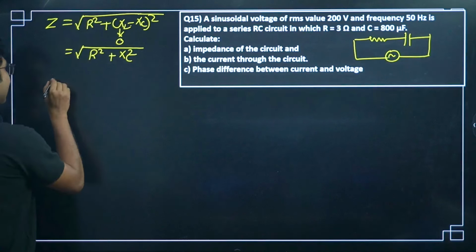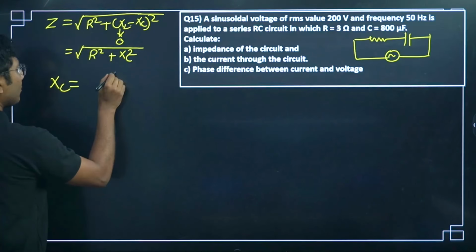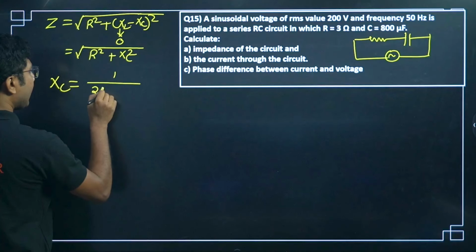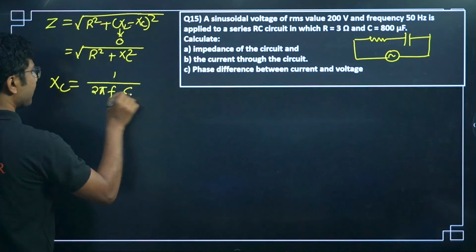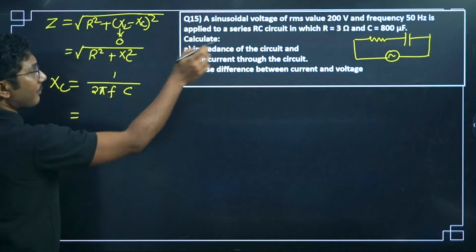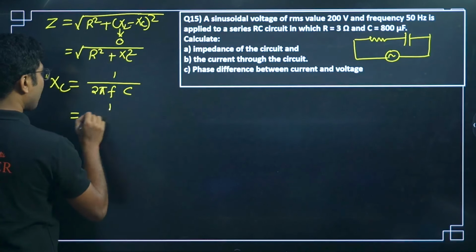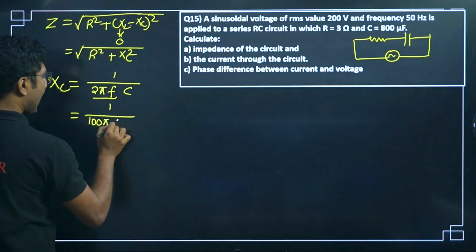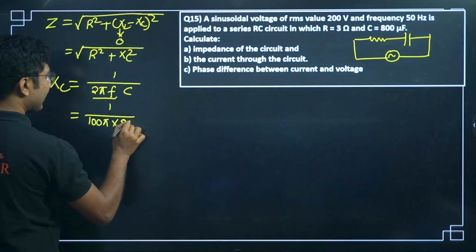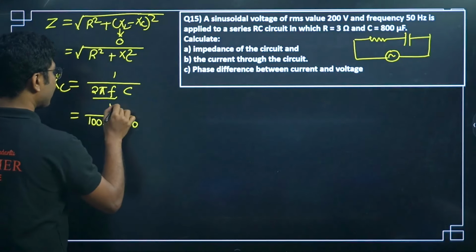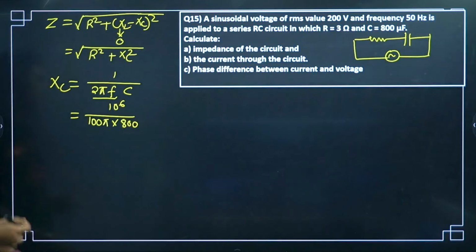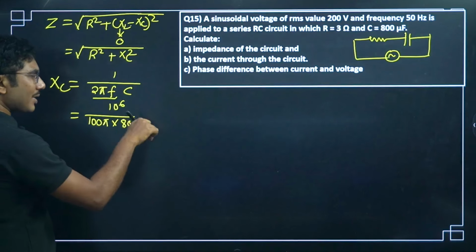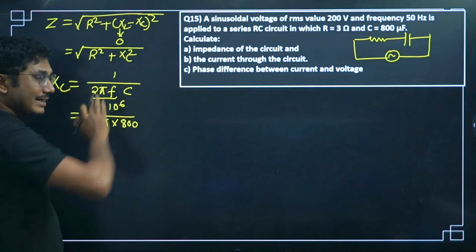Now, we have to calculate XC as usual. XC is given by 1 by 2 pi f into C. So, frequency is given 50 hertz. So, we will write this 2 pi f as 100 pi and C value is 800 microfarad. So, 10 to the power of 6 will be in the numerator. You can write one step 10 to the power of minus 6, then you can take this up.